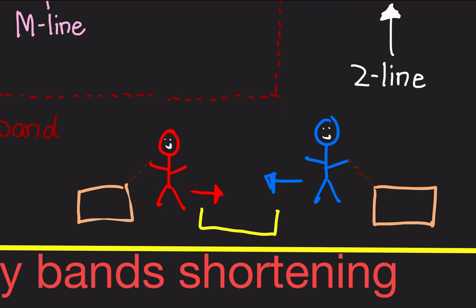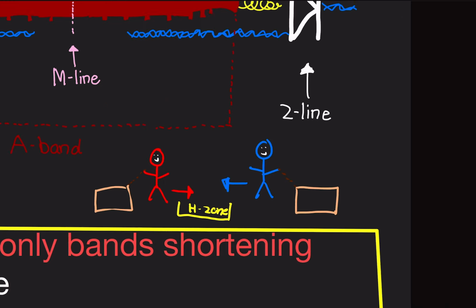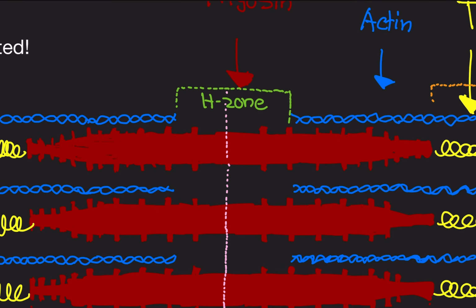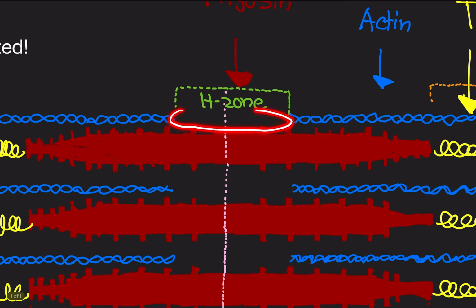If they walk towards each other, the space between them is going to get shortened. Sounds familiar? Well, this is literally like the H zone, right? The distance between the actin filaments, pretend the actin filaments are the people. This distance will shorten when they contract. So the H zone will be probably like this length. It will be shortened.